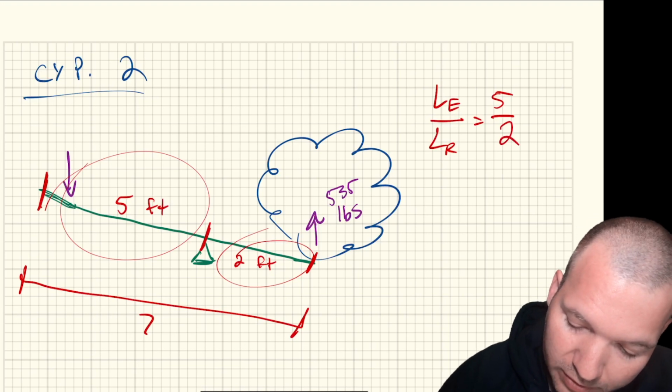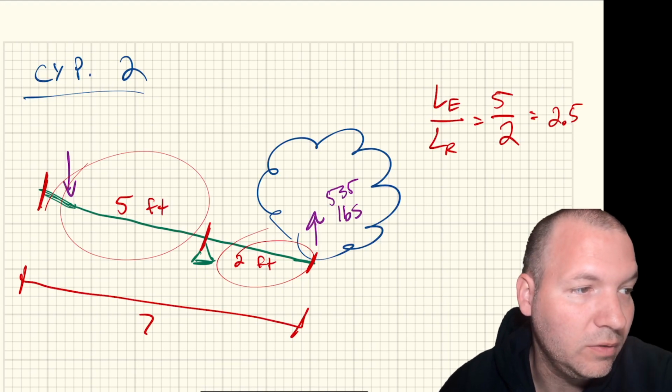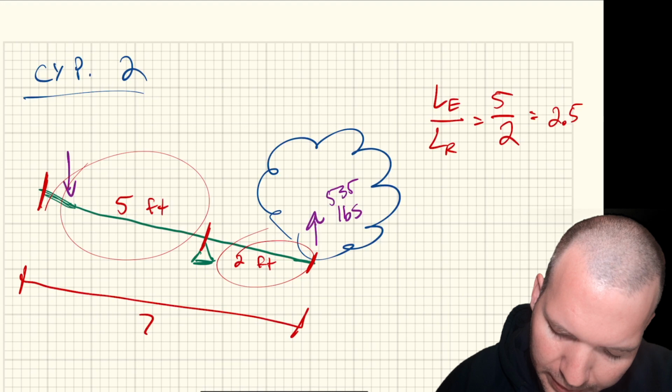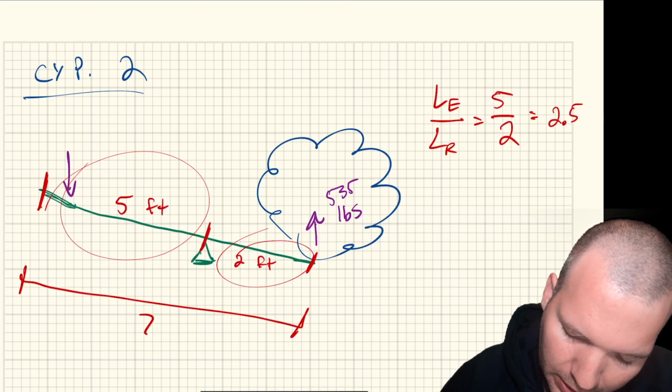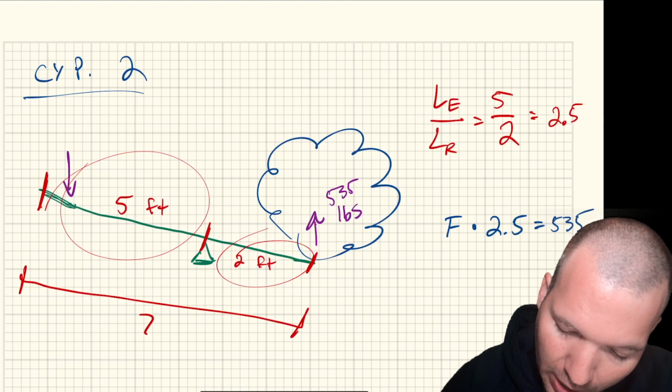So we've got a 5-to-2 or a 2.5 mechanical advantage. I don't think it has any units. So the force we're going to apply is going to get enhanced by a factor of 2.5, and we need that to equal enough to move 535 pounds of rock.